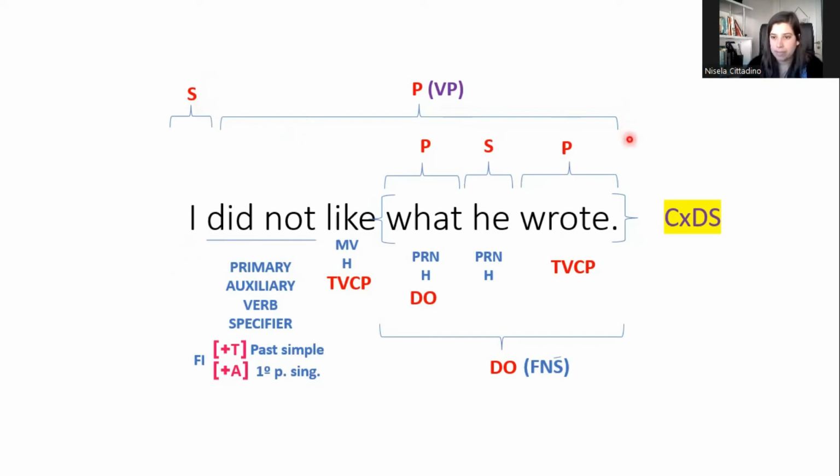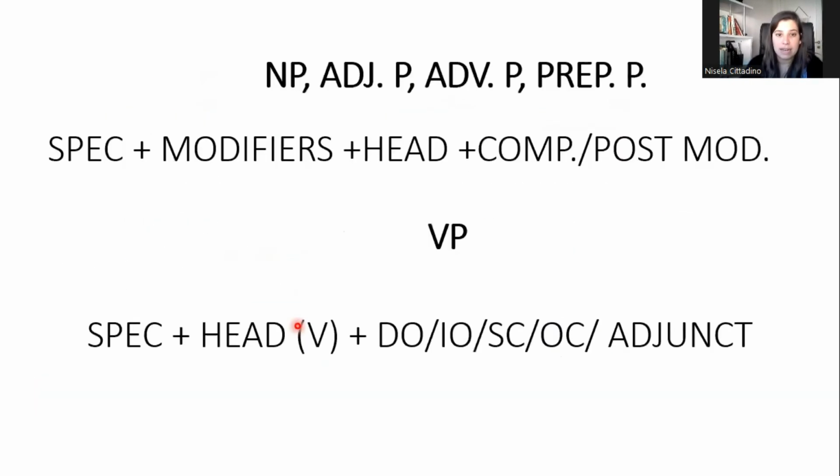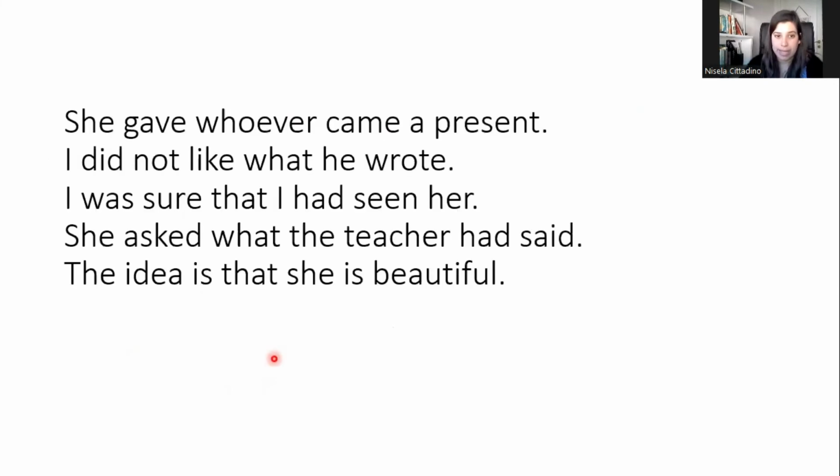Now the verb phrase, the predicate. We have an auxiliary verb here, did not. This is a primary auxiliary verb, and it's a specifier. As we discussed in the verb phrase structure, a specifier can be an auxiliary verb, and usually the auxiliary verb is followed by a main verb, the head.